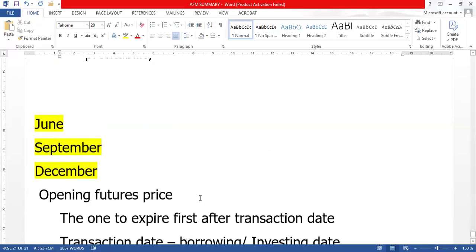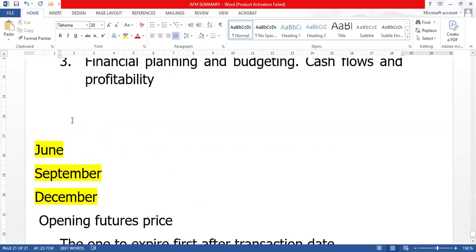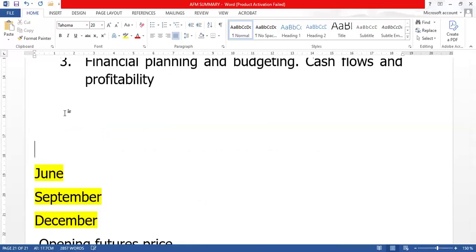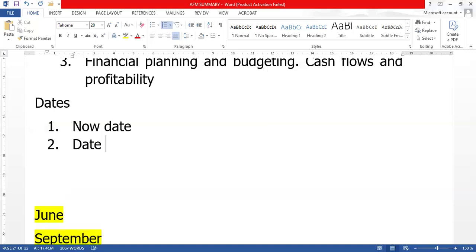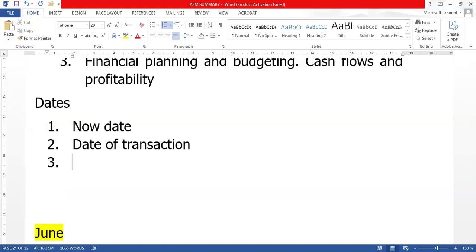Because when we are dealing with futures, you need dates. The dates you're talking about here are 4. The dates. 1, you need the date now. What is the now date? You need the date of transaction, because in the question you may have all those things. You may need the date of full repayment.